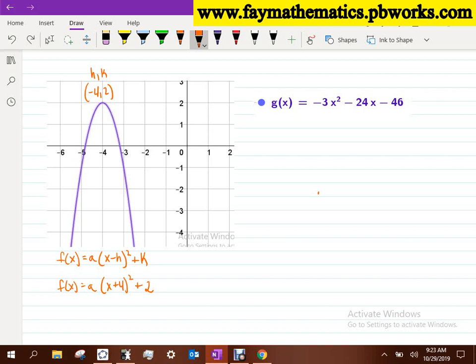Now here's the thing. If it's negative, thinking back to just some key points on your parent function, would you agree those are key points in your parent function? Well, if I just made this a negative x plus 4 squared plus 2, then doesn't that just take these points and flip them once I move over here? Yeah.